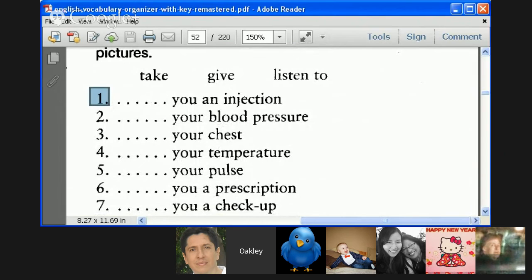Number one. Gemma, we're going to start with you again. Take your injection. Take you an injection? It should fit. Okay. Give. So, give you an injection.